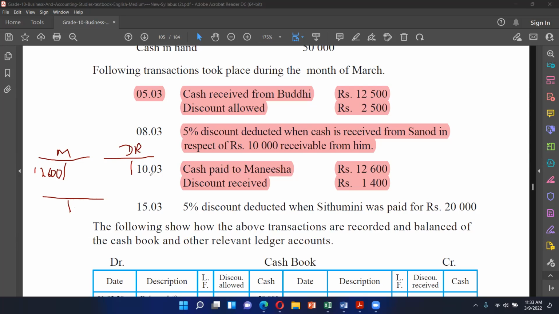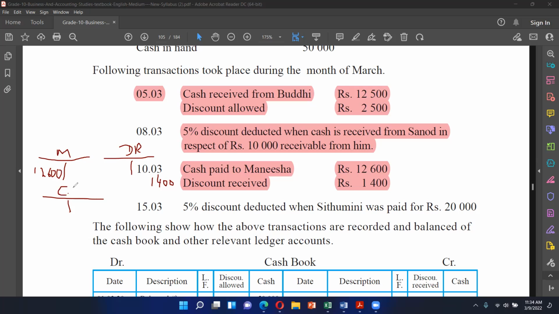Discount received credit 1,400. Good. And then, take your time. It's okay. Crediting 14,000 rupees to cash book.